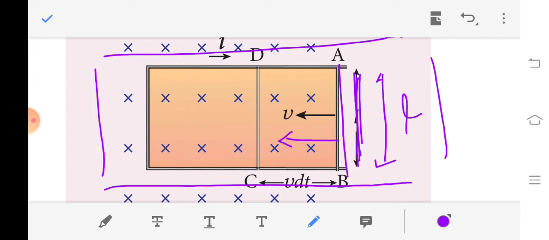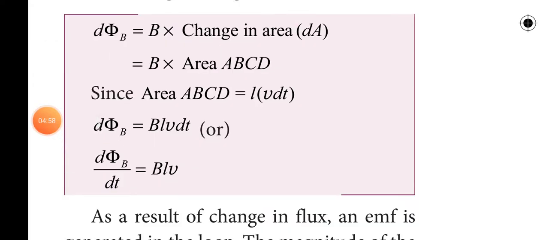the area enclosed by the loop, and hence the magnetic flux, also decreases. Now we can find the change in magnetic flux in the time duration dt. The change in magnetic flux d phi B equals B into the change in area dA. The magnetic field is B, and the change in area is the rectangular frame ABCD.